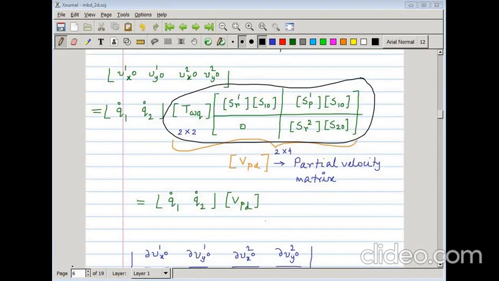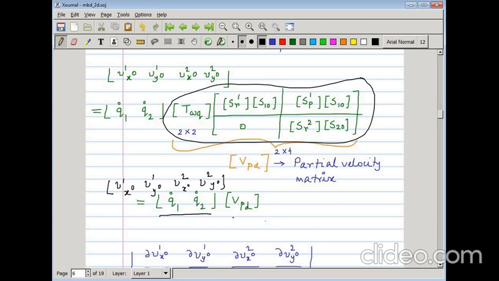Now, the partial velocity matrix. We have seen that V1x0, V1y0, V2x0 and V2y0 can be written as Q1 dot, Q2 dot into a matrix of partial velocity, or the partial velocity matrix.